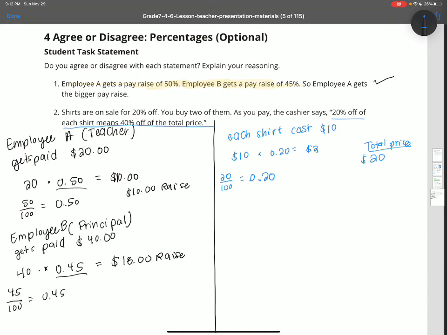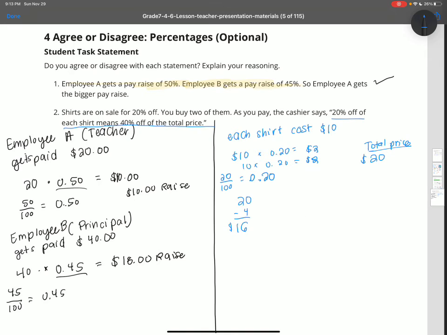It would be $2 off each shirt, which means the final price will be $4 off, because if you have 2 shirts, it'll be $4 off, which means that you'll be paying $16. Correct? So 20 minus $4 would be $16.